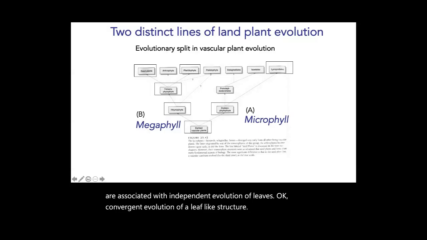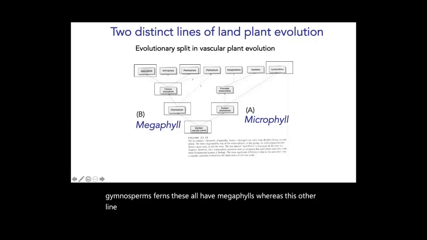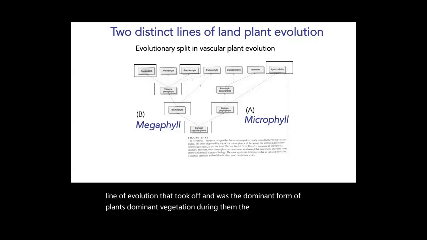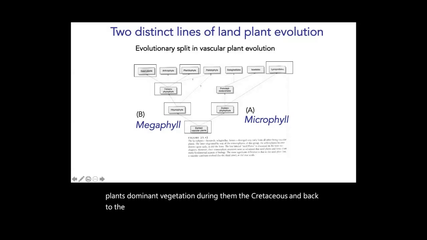One line of evolution, known as the megaphyll line, we sometimes call these true leaves. These are the leaves that you often find associated with plants today, because all the seed plants, the angiosperms, right? The conifers, right? The rest of your gymnosperms, ferns, these all have megaphylls. Whereas this other line of evolution that took off and was the dominant vegetation during the Carboniferous was the microphyll line of evolution.